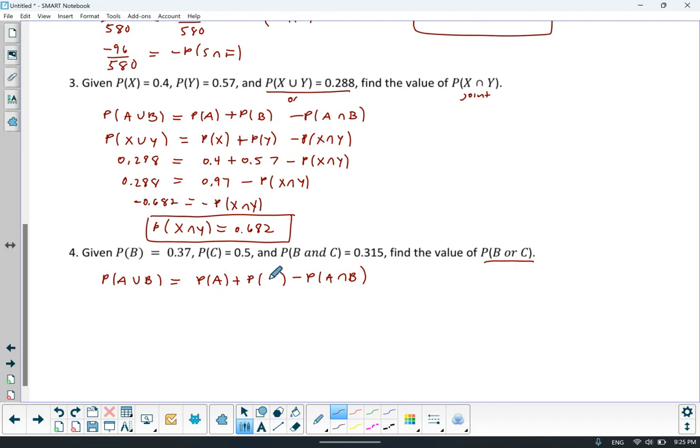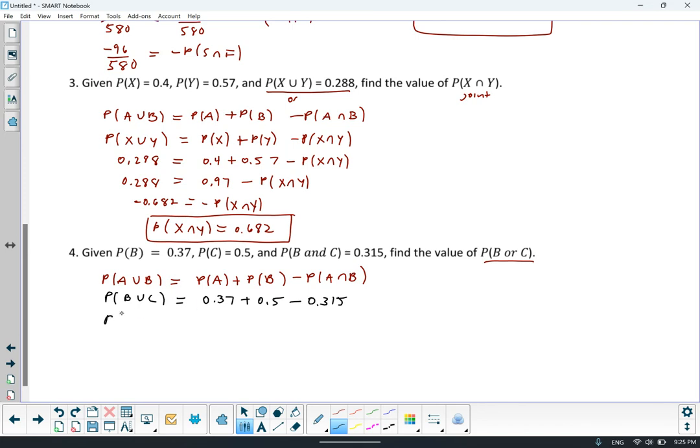So in this case, I want B or C. So it's the probability of B plus the probability of C minus the probability of both.